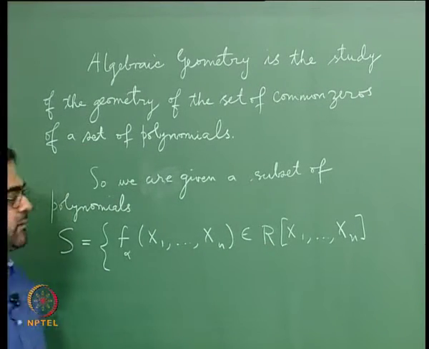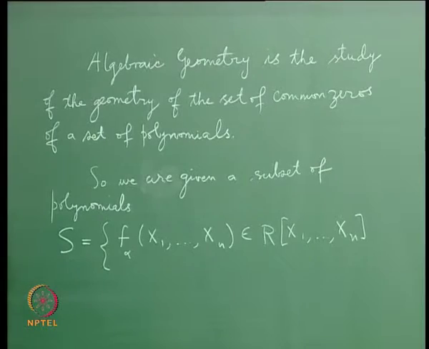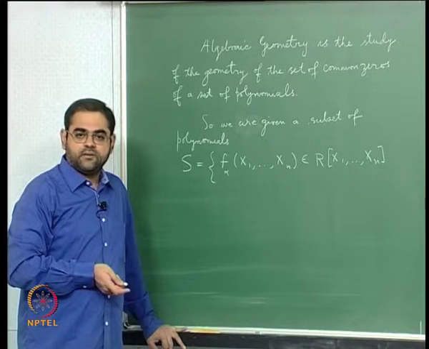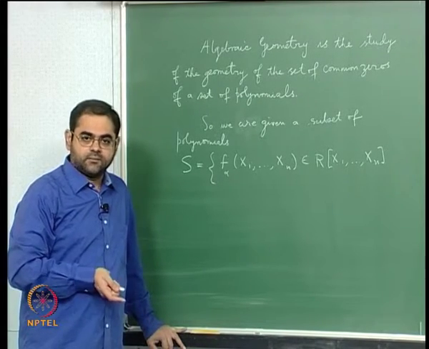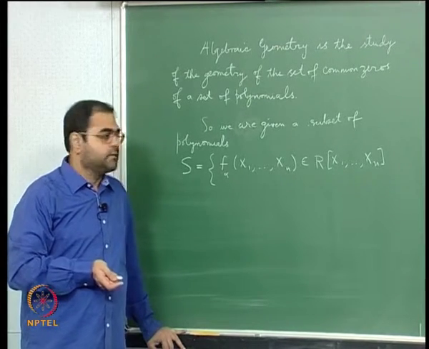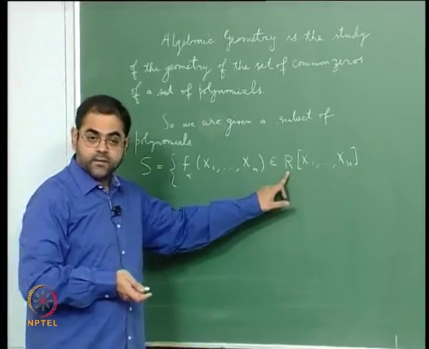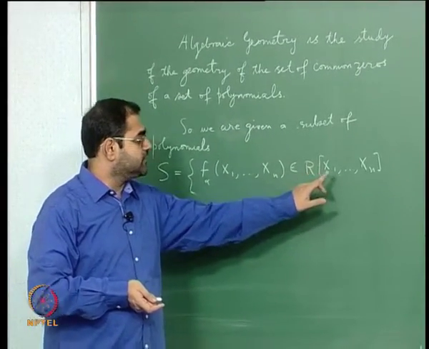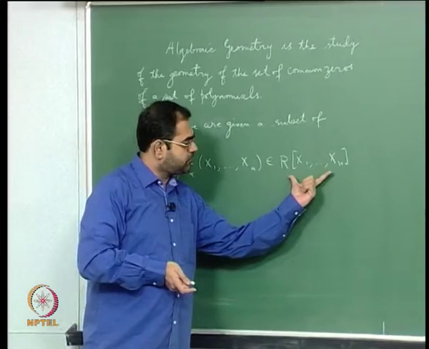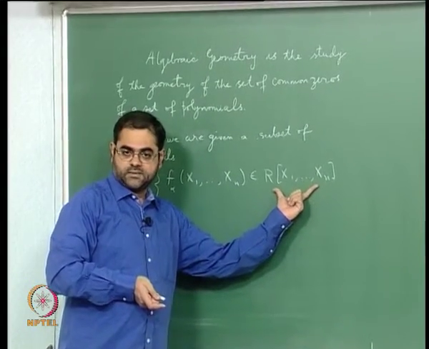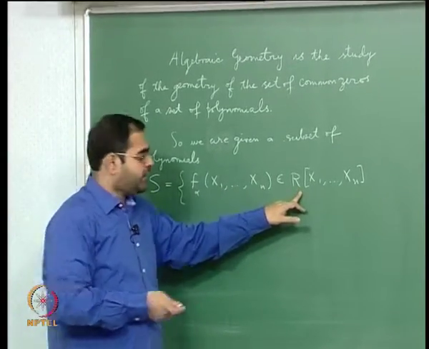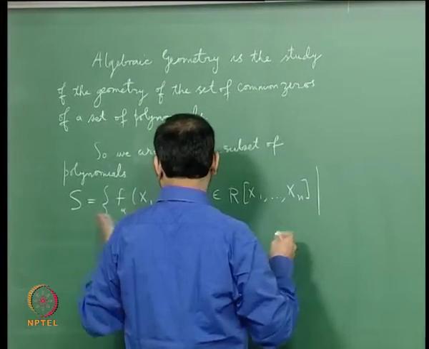Okay, so of course I will not repeat this often, we are always going to be worried only about commutative rings, and commutative rings are assumed to be with a unit element, that is with 1, and we will always assume that homomorphisms of commutative rings carry 1 to 1, okay. So R is a commutative ring with 1, and x1 through xn are n variables, and this is the polynomial ring over R in n variables, and each f sub alpha is a polynomial in this ring, and you take a subset of these polynomials.